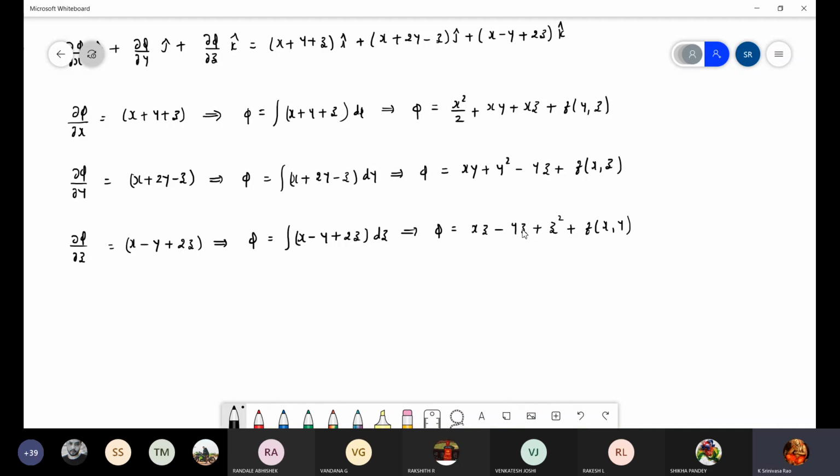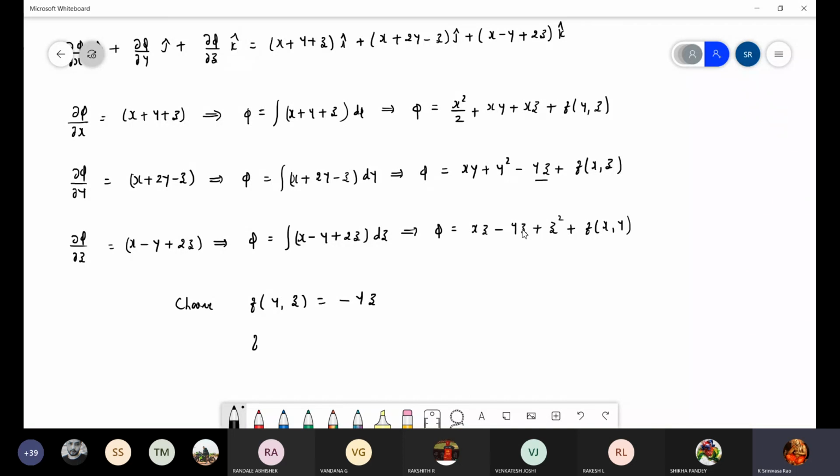What is f of y comma z? It means the term involving y and z, only y, only z. So minus yz.